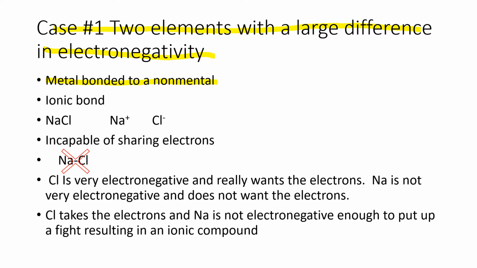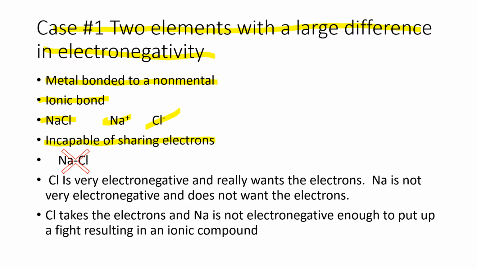We know previously from doing the nomenclature that whenever we have a metal and a nonmetal, we would be looking at an ionic bond. Well, our most basic ionic compound we can think of, NaCl, we know we're dealing with ionic compounds. So we're going to have sodium ions and we're going to have chloride ions. Because of this large difference in electronegativity values, these two elements are incapable of sharing electrons.